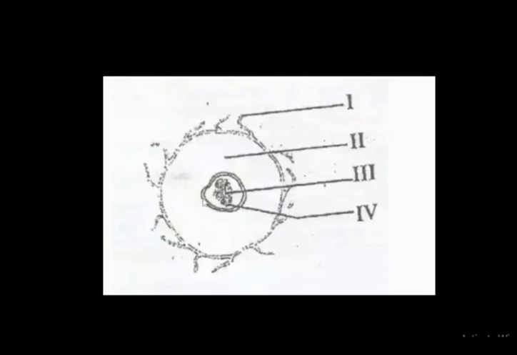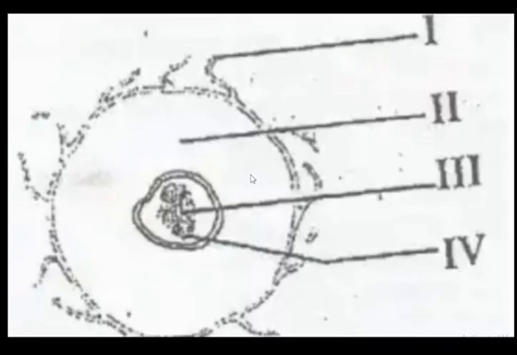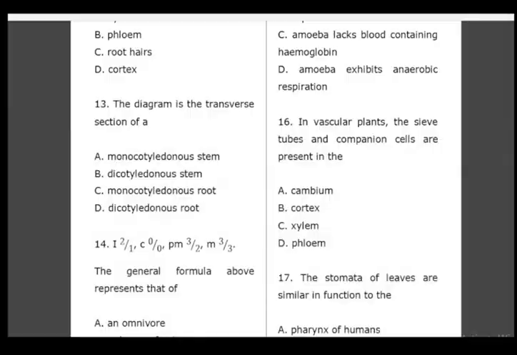It is a dicotyledonous plant. Why? Because you can see that it is having a tap root here. You can see that it is having a tap system here. So it is a dicotyledonous root that we are actually talking about here. So that is the answer to that particular question, option D.